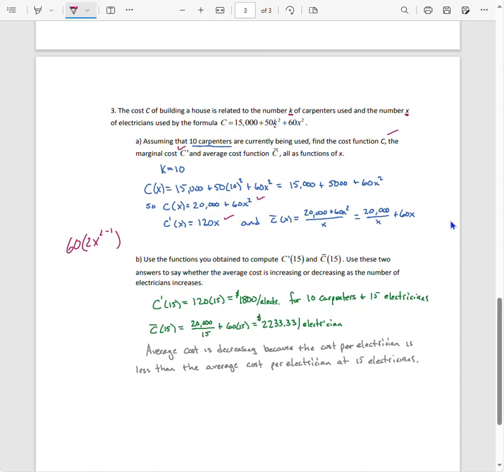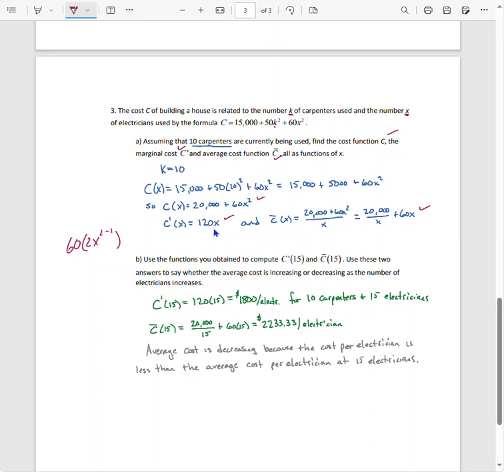So now we're going to use these three functions. We have the three different ways of analyzing cost here. The total cost of x items, the cost for making the next item, and the average cost for making x items. We're going to use the functions we obtained, compute c prime of 15 and c bar of 15. Let's start with that sentence.